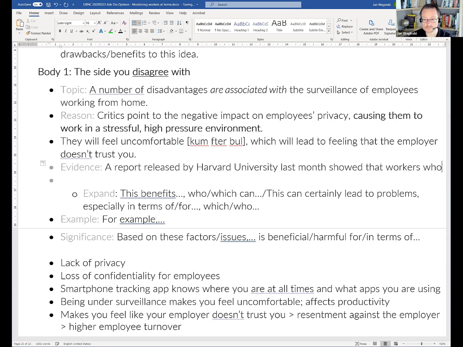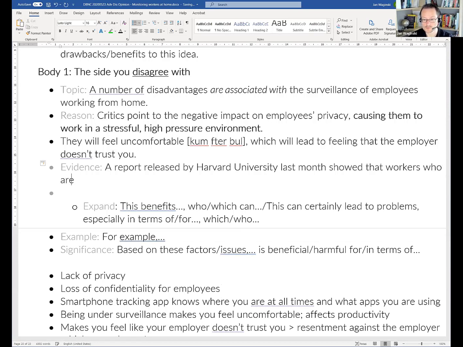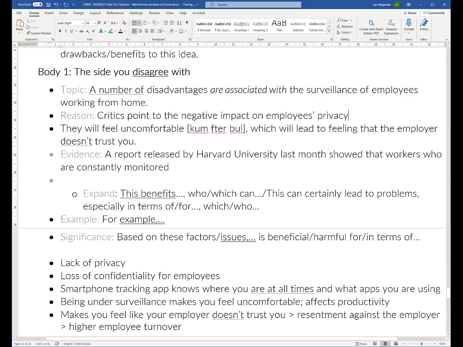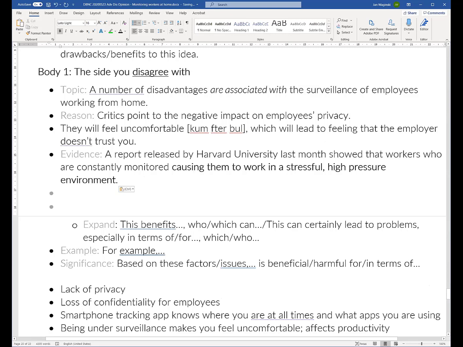Workers who are constantly monitored by the bosses, or constantly monitored, suffer from anxiety disorders.